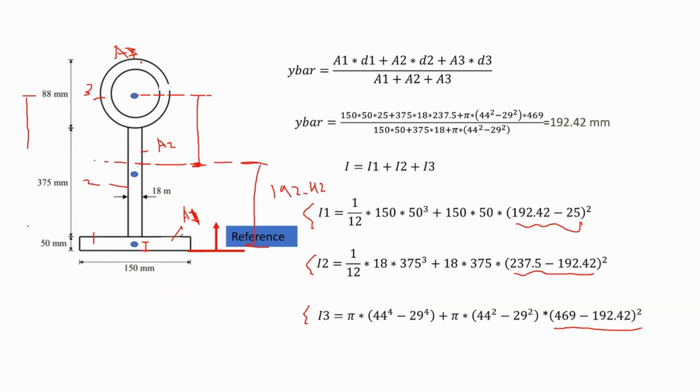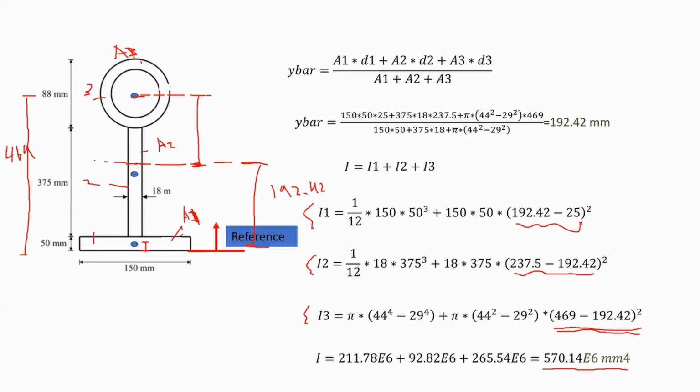The distance from here to the bottom is 469 if you check. Now, if you subtract the 192.42, you get the distance between the centroid of this part and the centroid of the whole thing. That's how we got the parallel axis theorem term for that part, and it goes for all the other parts, 1 and 2. Sum all these moments of inertia after you calculate them, and you get the moment of inertia of the whole section equal to 570 millimeters to the power of 4.